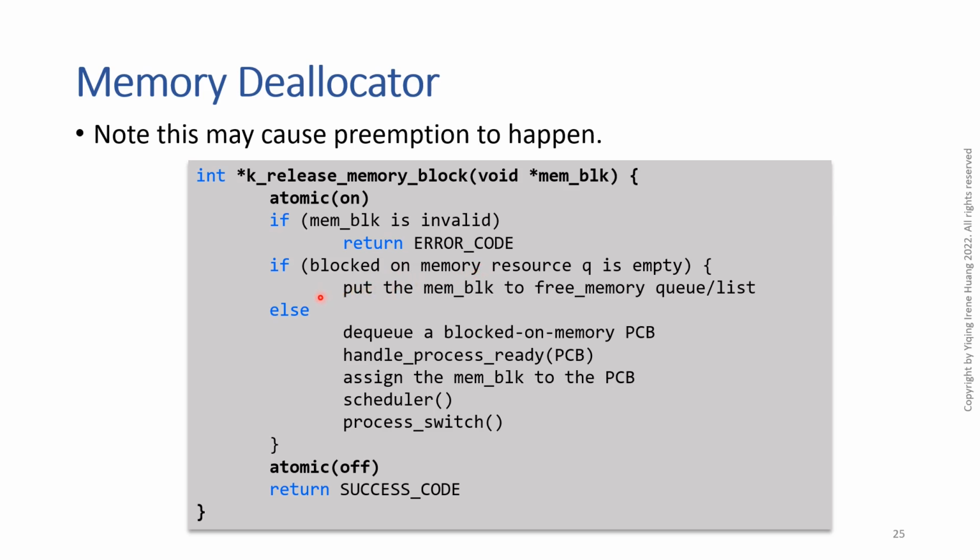If we have somebody waiting for the memory, then we do this part, which we're going to do in part B. But if there's nobody waiting, there's no process that is blocked on memory, we just directly put the memory block to the free memory queue or list. Very straightforward. So basically it's a linked list enqueue and dequeue thing for part A.